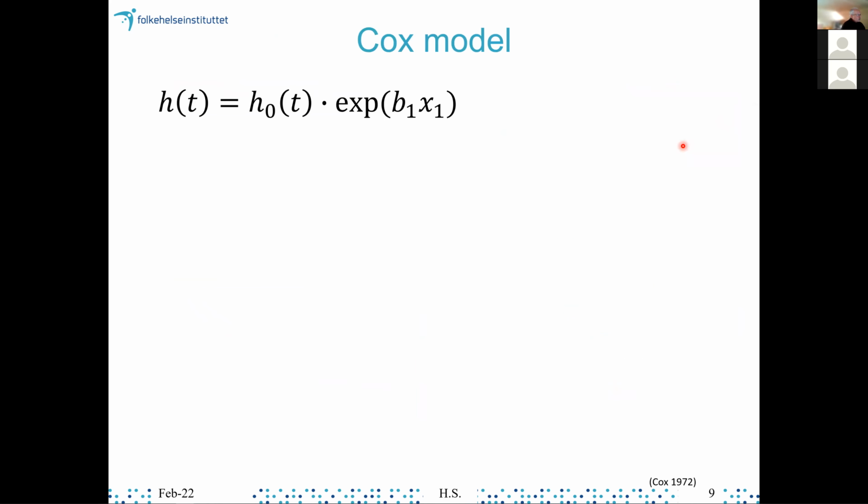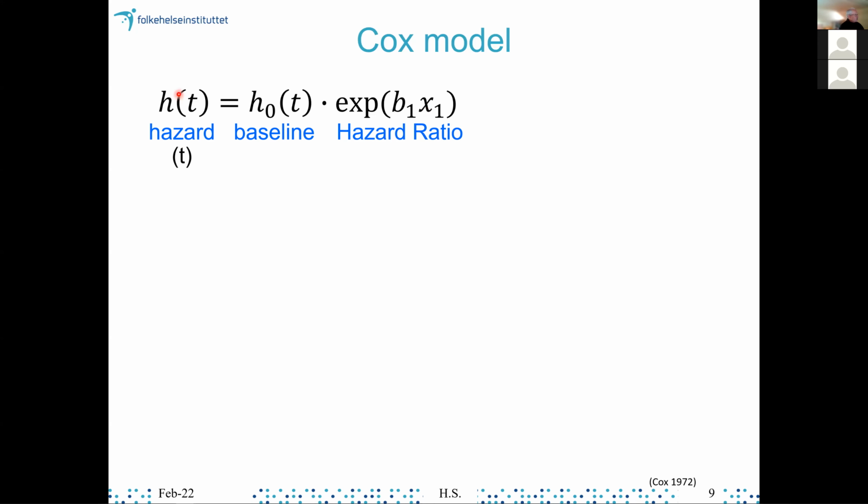Now to the Cox model. So here's the simple description of a Cox model, saying that the hazard as a function of time is a baseline hazard multiplied by a term that we can think of as the hazard ratio.